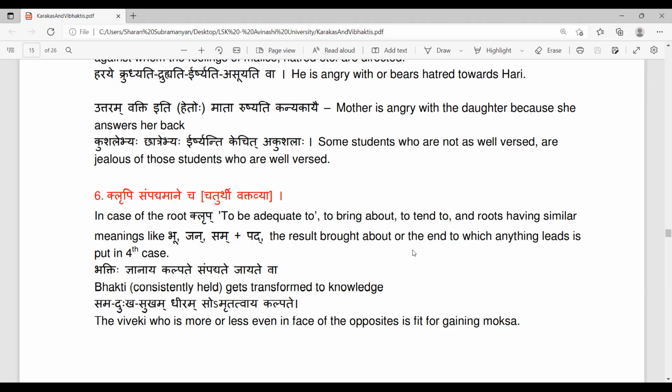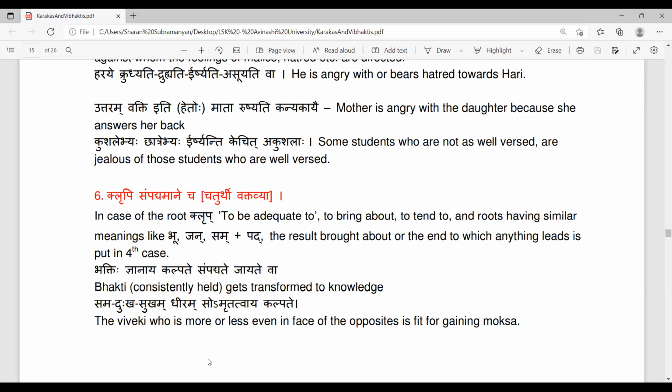Anyway, kalpate, to bring about, to tend to, in this meaning, or dhatus having this meaning, like pad dhatu with some upasarga: sampadyate, jayate. So the result brought about, or the end to which anything leads, is put in the Chaturthi Vibhakti.